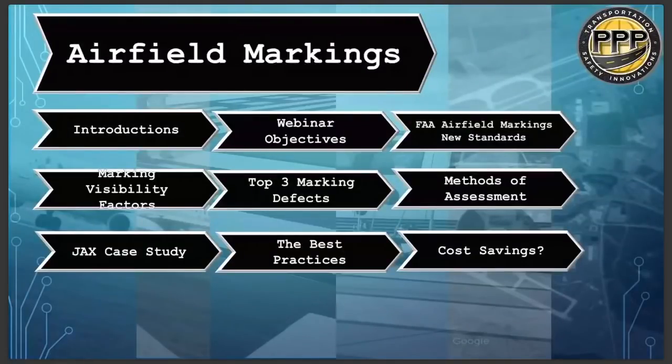We're going to discuss marking visibility factors, the top 3 marking defects, and methods of assessment. As a little bonus, we're going to provide some good data and information as a result of a 2-year case study with JAX, that's Jacksonville International Airport. And also we'll talk briefly about best practices and some cost savings.